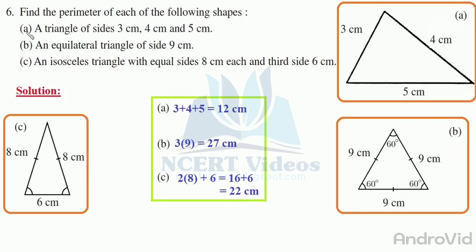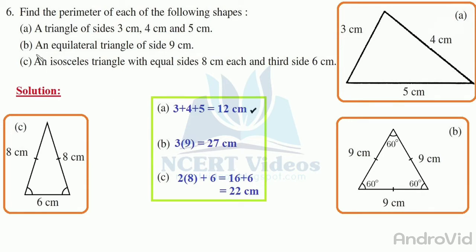So this is how we can visualize it. It is a triangle having 3 cm, 4 cm and 5 cm. So it's a simple addition problem. We will add 4 plus 3 is 7 plus 5 is 12. So this is your first question. We are just adding it up.